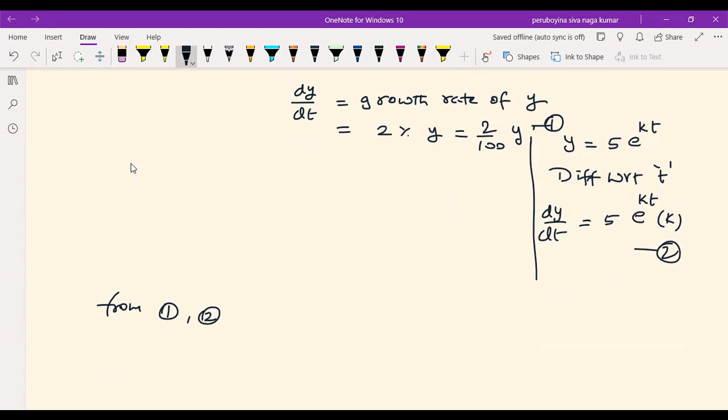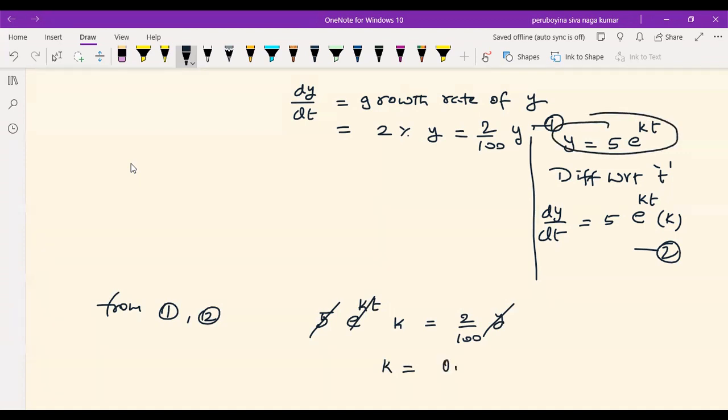Okay. So dy by dt means 5 into e power kt into k is equal to, in this equation, 2 by 100 into y. Okay. So y and 5 into e power kt got cancelled. Why? Because we already know that y means 5 into e power kt.